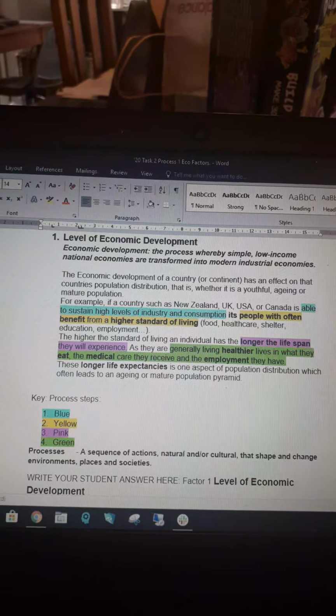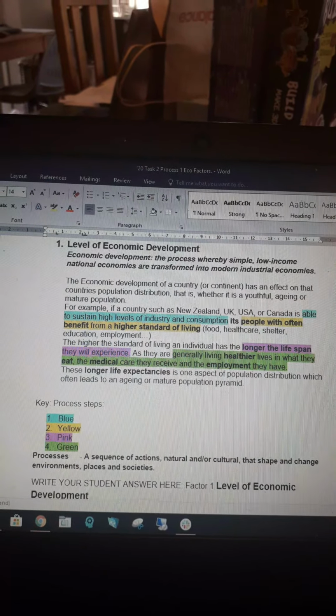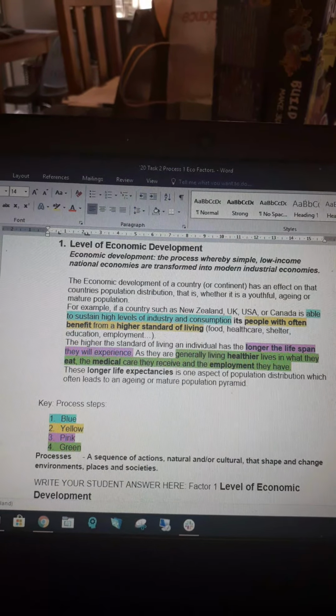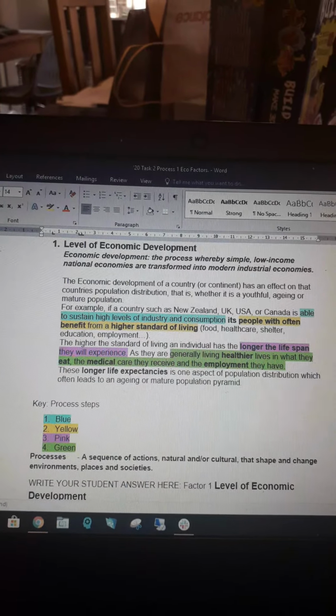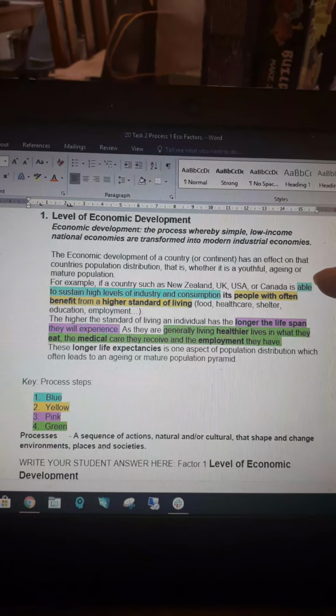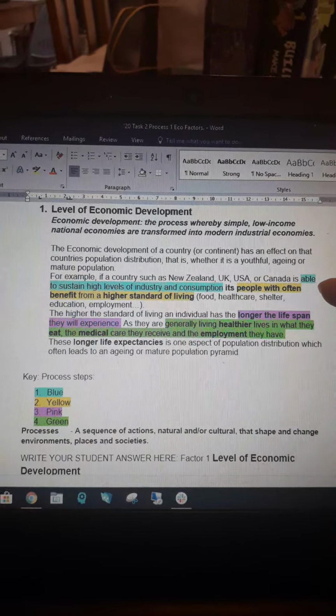Because you have a higher standard of living, you live longer, and that means people have healthier lives and they can have more to eat and they have good access to medical care. So the process is, first, there's a high level of industry and consumption. Second, the yellow bit, people have a high standard of living.